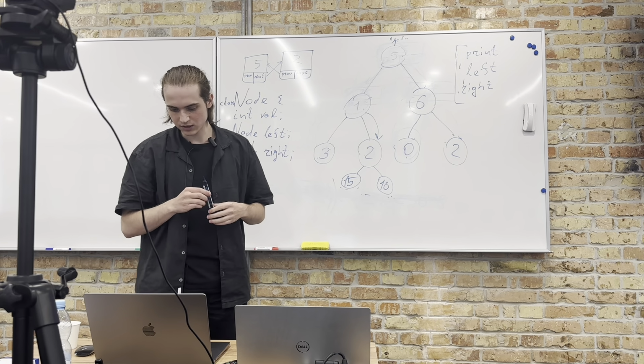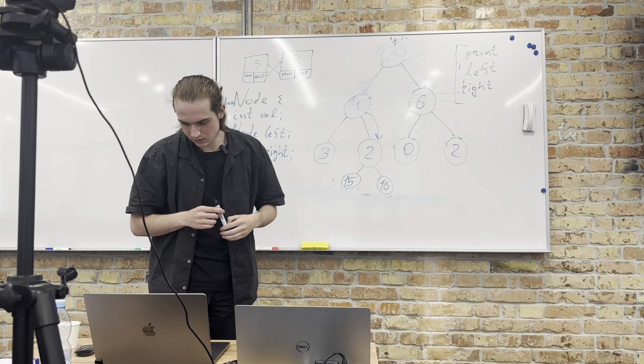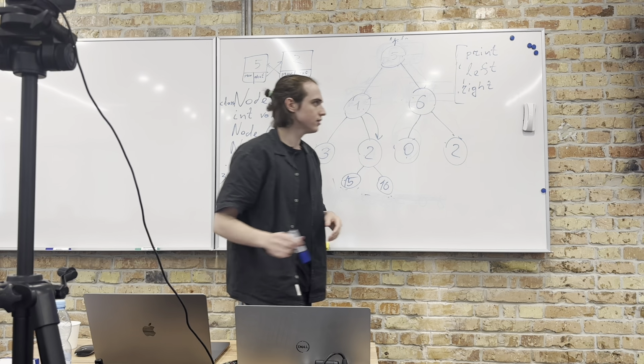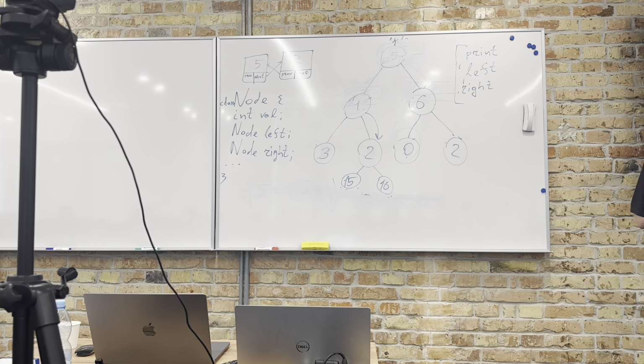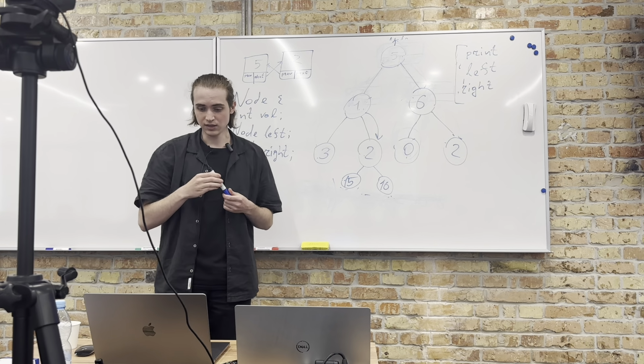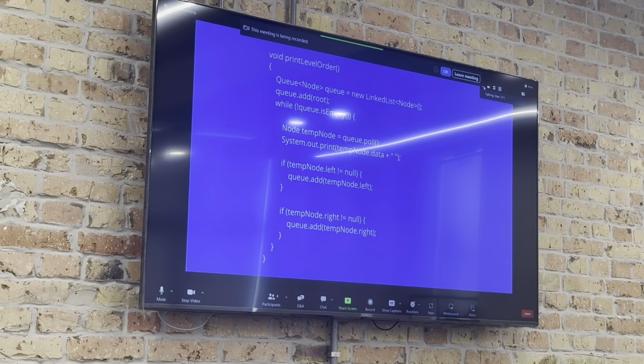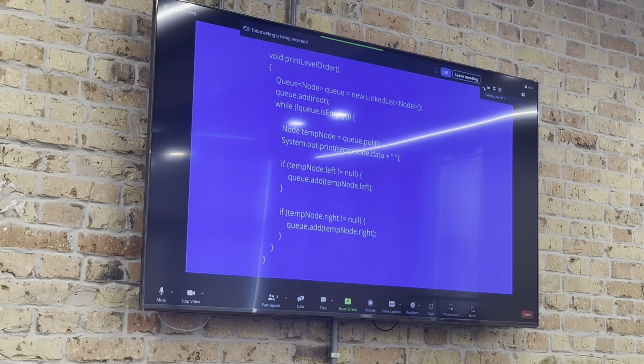Also, we have level order traversal. As you can see in this picture, we go level by level. We print 5, 12, 13, 7, 14, 2, and so on. The algorithm of this method is more complex, and I don't want to stop on this.